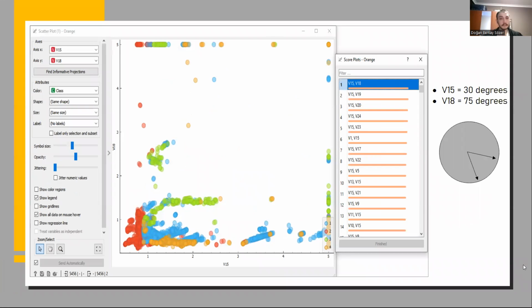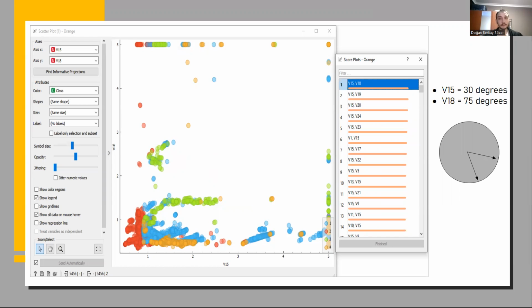Lastly, we chose two sensors that are closer together than the others. Since these two sensors are closer to each other, we get this plot by using the informative projections property. The relationship between these two sensors is dependent: if one of them increases, the other one should increase too.